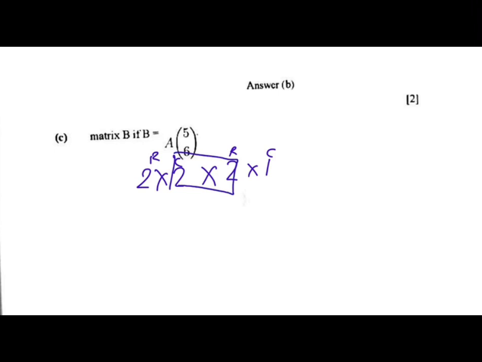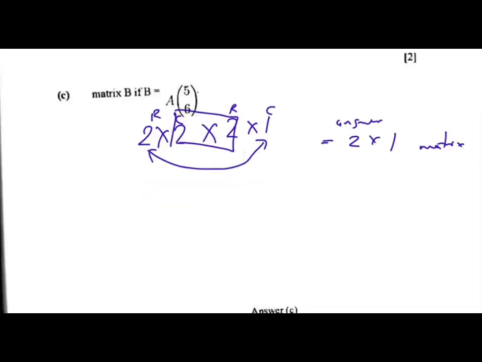They are compatible, since the columns of the first equal the rows of the second. Now we multiply (1 2; 3 4) by (5; 6). We say 1 times 5 plus 2 times 6 for the top value, and 3 times 5 plus 4 times 6 for the bottom value.